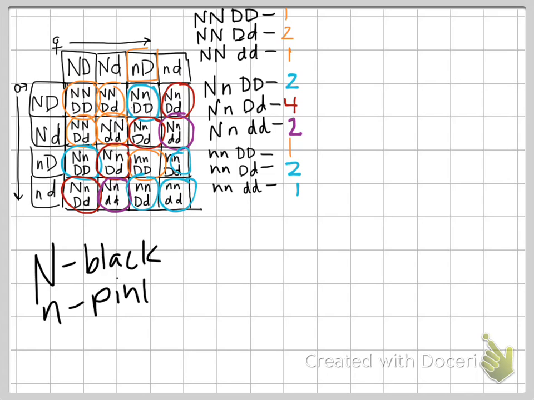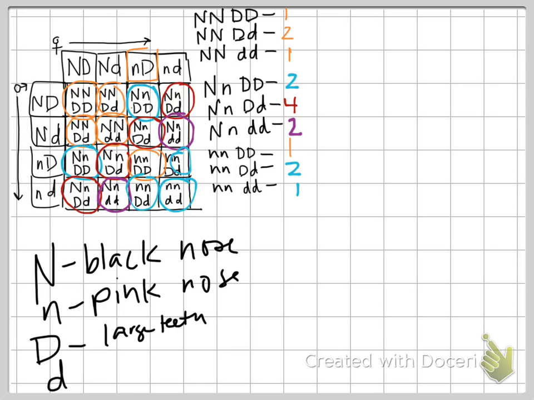Okay, I know we started off with humans, but hey, what the heck, maybe we have black and pink nosed humans. And for tooth size, big D, I think, was large teeth, long teeth. Okay, so what are our possible combinations?